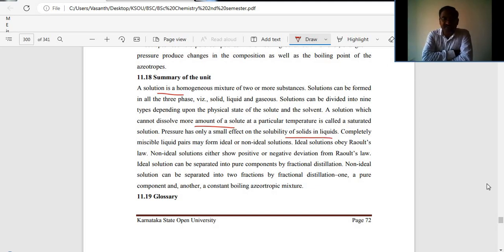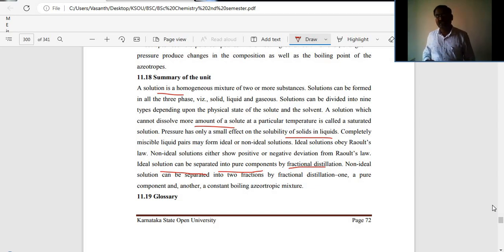Completely miscible liquid phases may form ideal or non-ideal solutions. Solutions that obey Raoult's law are called ideal solutions. The solution which does not obey Raoult's law, what is that called? Non-ideal solutions. Ideal solutions can be separated into pure components by fractional distillation.